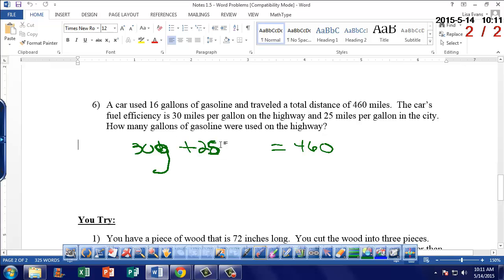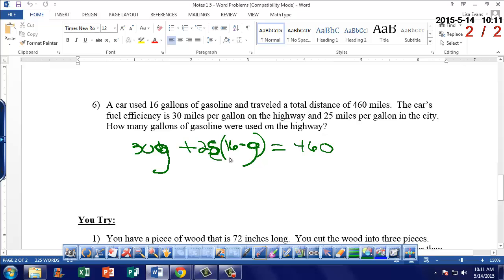Now instead of using a different variable, we're talking about this in terms of gallons. We know we use 16. So we know if a certain amount of those gallons are used up for highway, the leftovers is going to be for city. So 16 minus city, or excuse me, minus G. Okay, so this is gallons of the highway, gallons of the city.